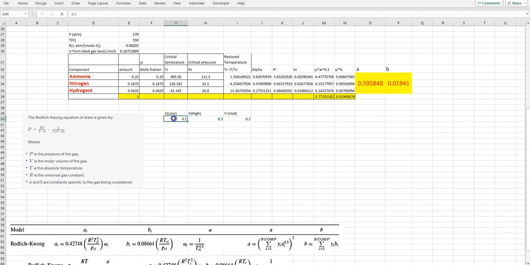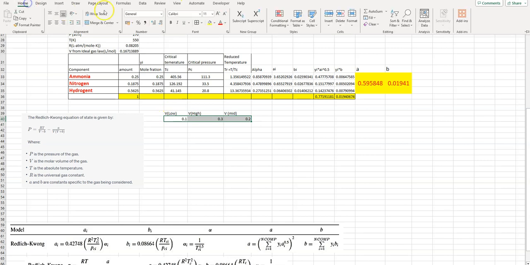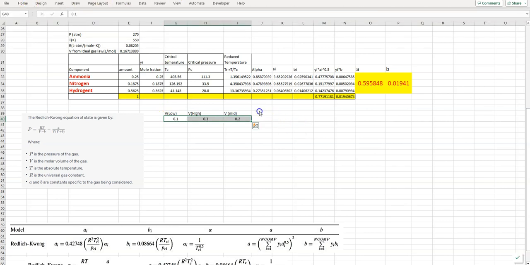Now first we have to calculate f of v low, and f of v high, and then f of v mid. So you have to calculate that mid.